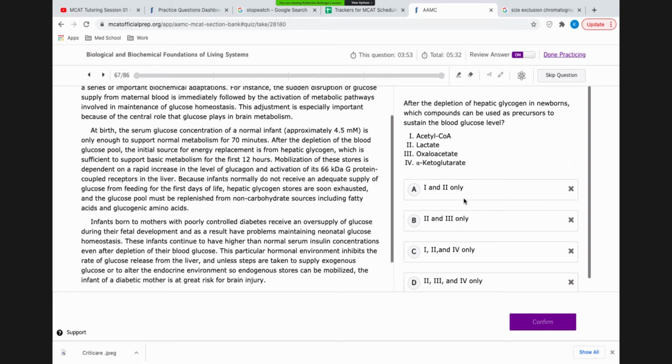I was going to say lactate is not something, but it is, because Roman numeral 2 is in every choice, so lactate must be something that is used. Okay, that kind of makes sense. All right, let's see what else then. Oxaloacetate, alpha ketoglutarate, acetyl CoA.